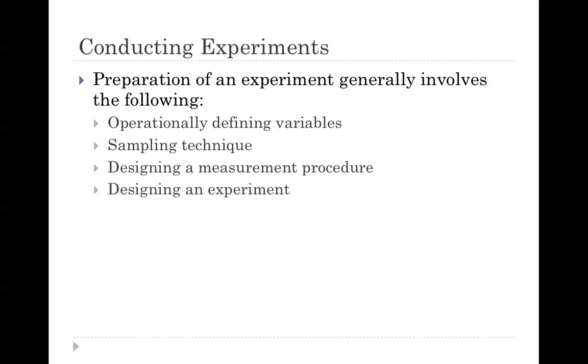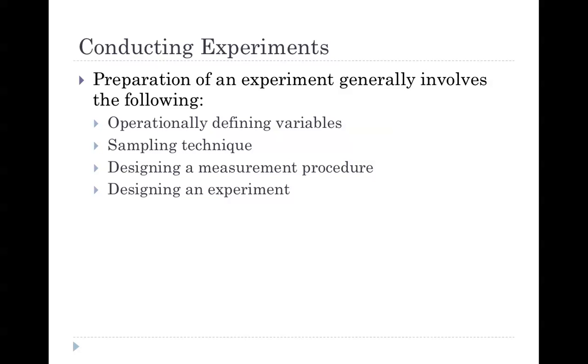But before we actually present new material, I want to go over some stuff that's really important for this chapter itself. And this generally deals with just how we prepare for an experiment. And this involves 4 separate things. First, this deals with how we operationally define our variables, which is a lot of stuff we went over in Chapter 2. Our sampling technique, which is something we just covered in Chapter 7.